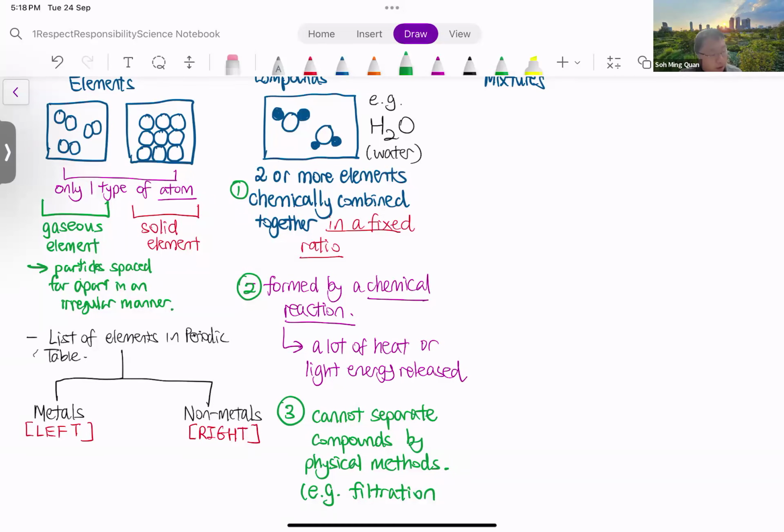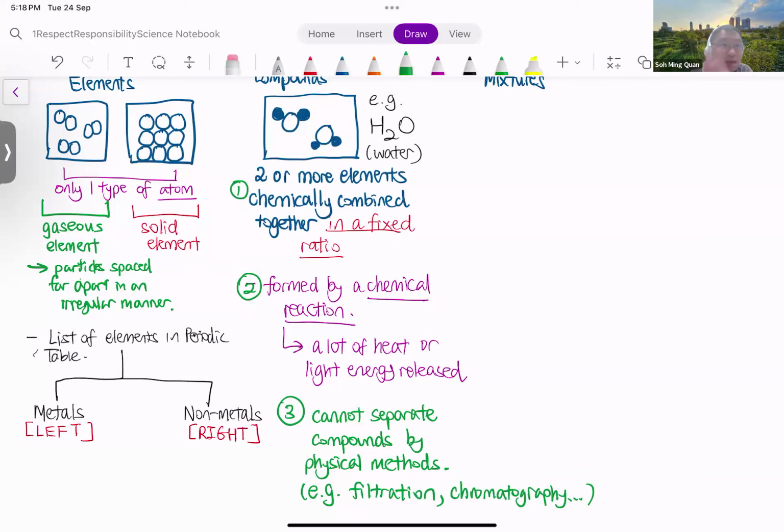Doesn't work. Okay, chromatography. I cannot just do chromatography and expect the hydrogen and oxygen to come apart. They won't come apart because the hydrogen and oxygen have already been chemically combined together to form water. So I cannot use physical methods like filtration or chromatography to separate them. There's no way to separate or break down the water just by these physical methods.